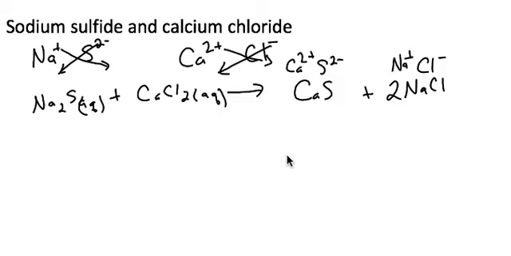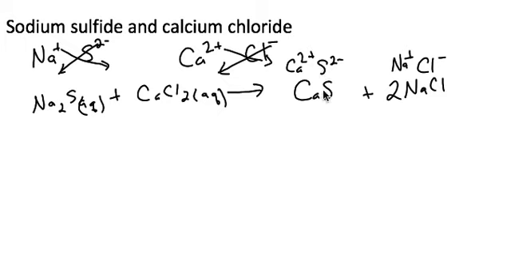Now we just need to establish whether we have created a precipitate, and if so, do we have a reaction? If you look at your solubility chart, what it will say is that sulfides form insoluble compounds, except group 1, which would be sodium sulfide, as well as ammonium and then calcium.